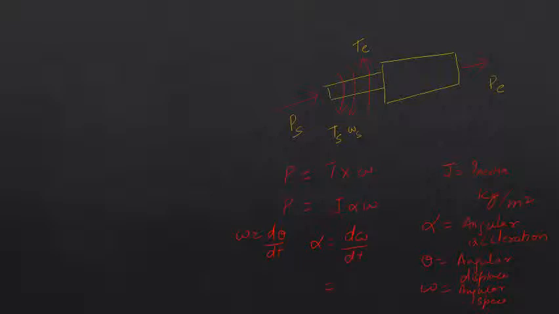So I can write it as the double differentiation of theta, d squared theta by dt squared. And omega is your angular speed. So p is equal to j alpha into omega.